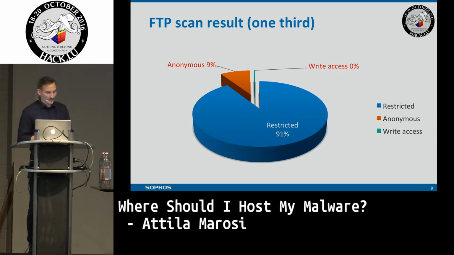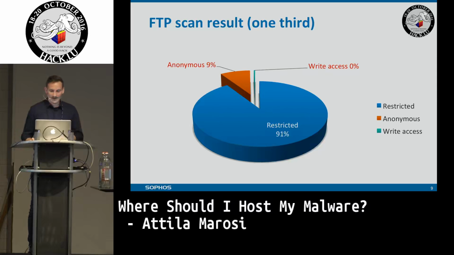So the result was that 91% were restricted, which is very good. 9% were ones where you were able to log in with anonymous login credentials, and there was 0% where you have write access.